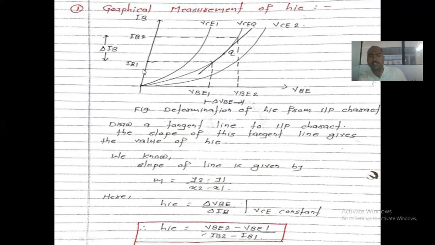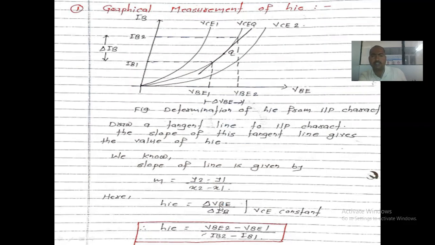To find hi, it is delta VB divided by delta IB. The VC value must be constant at that level, say 8, 10, 12, right? So we have to find out the value of hi.